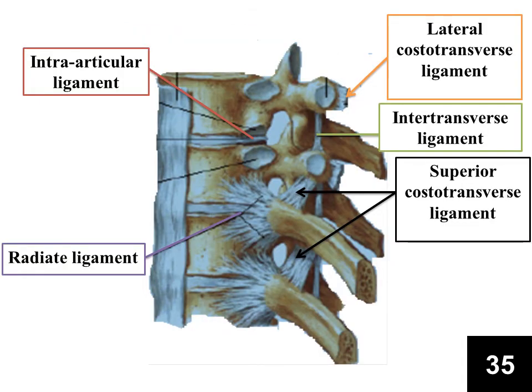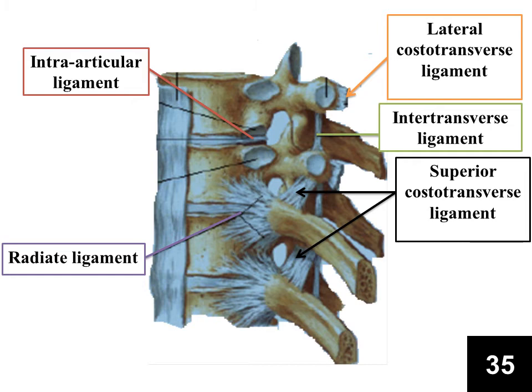Now this is the costovertebral joint, and you can see the head of the rib attached to the two vertebrae. As you see, the upper facet to the vertebra above and the lower facet of the head to the demifacet on the upper part of the body of the vertebra of numerically the same number, and you can see the radiate ligament as well.